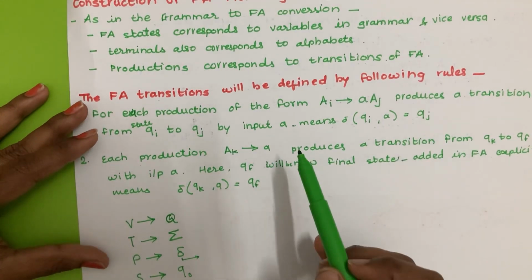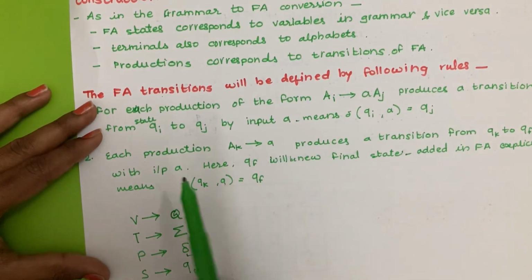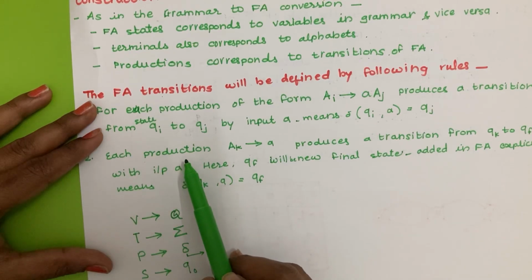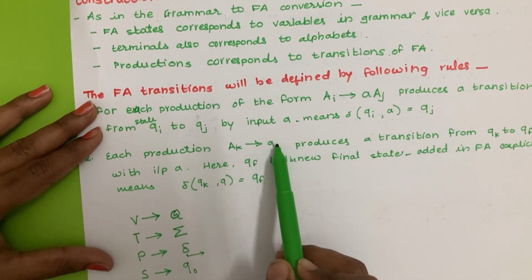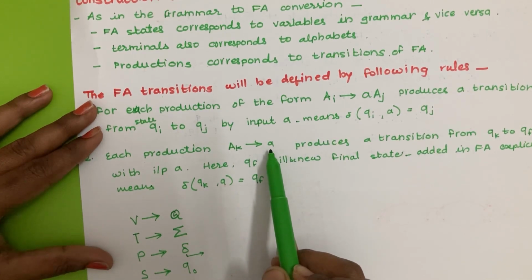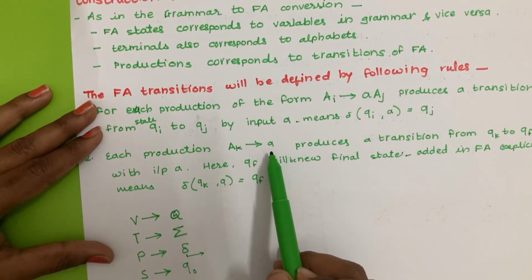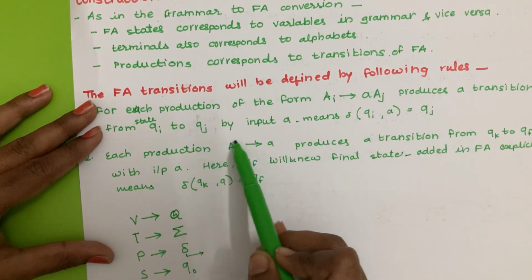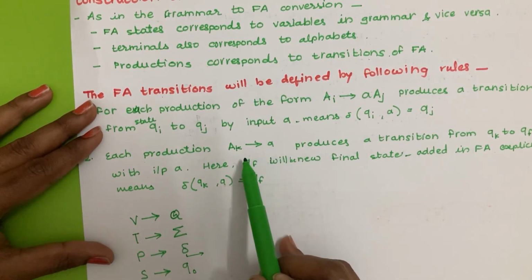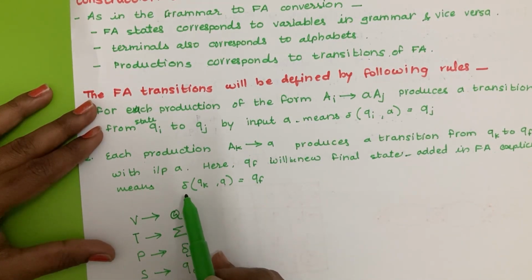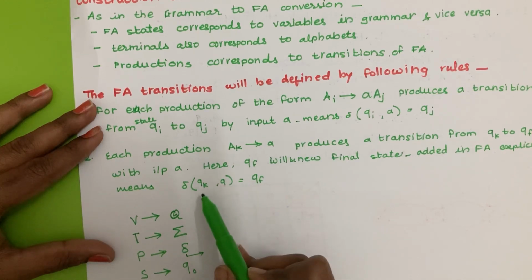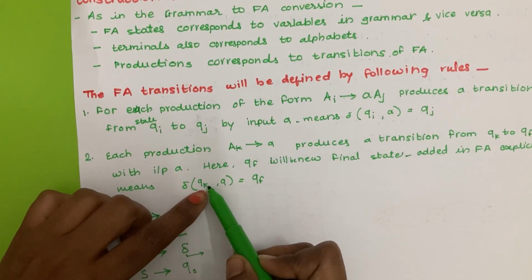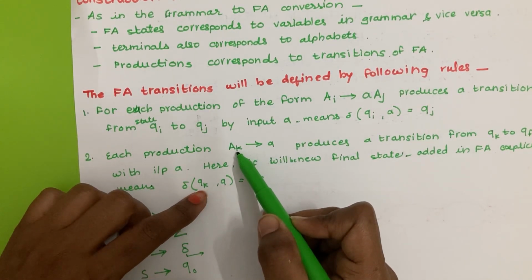If we have another kind of production, that is a production of the form Ak tends to small a, where this small a is a terminal, then that will be converted into a transition of the form delta of qk comma a is equal to qf, where qk is the state that corresponds to variable Ak.